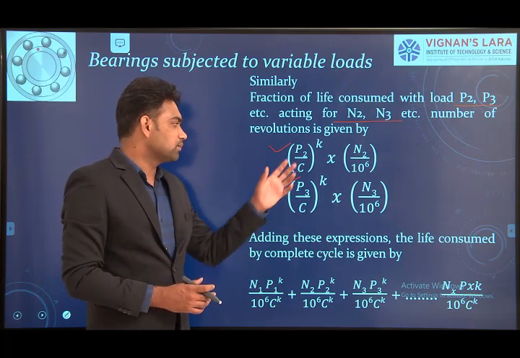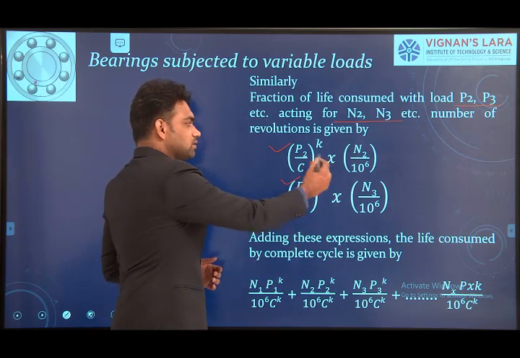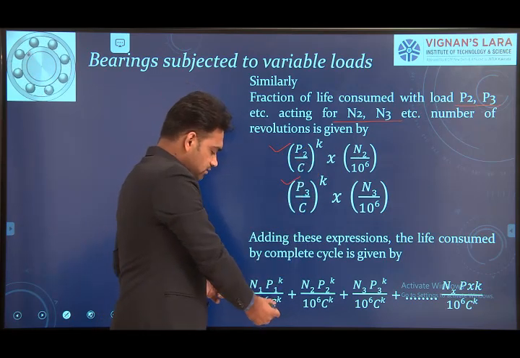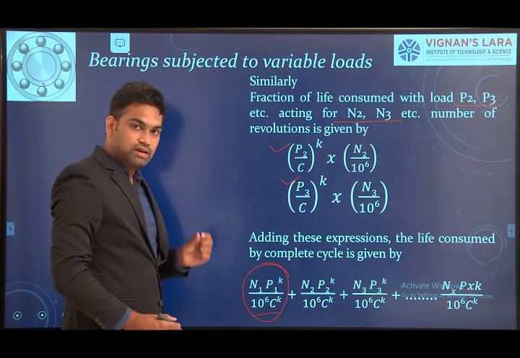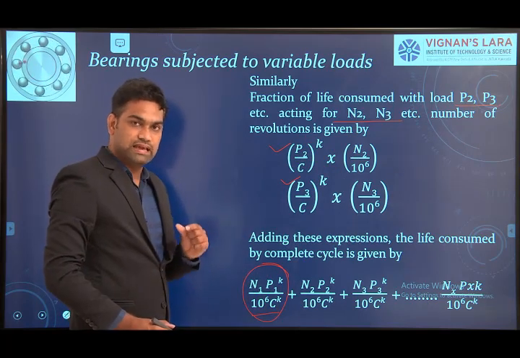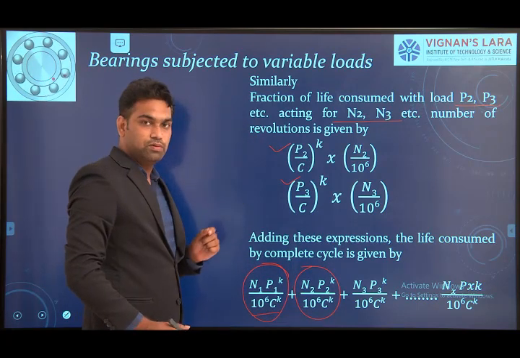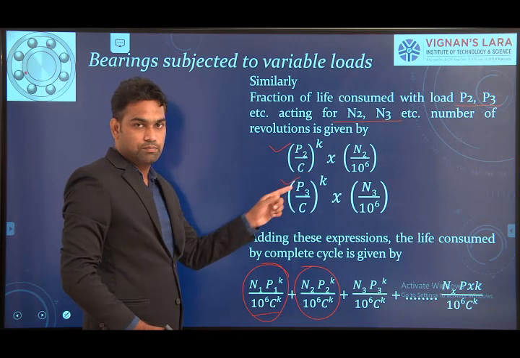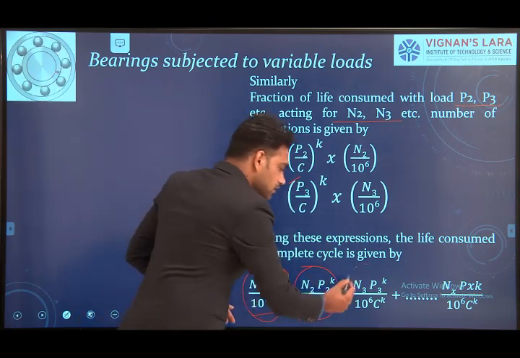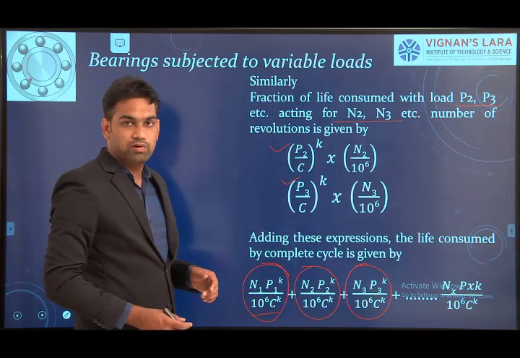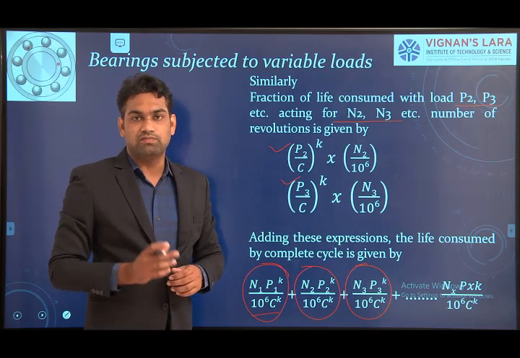So you can sum all these: N1 P1 power k by C power k into 10 power 6 is the fraction of life consumed for the first interval of time, that is N1 speed. Similarly, (P2 by C) whole power k into N2 by 10 power 6 is the fraction of life for the second interval of time, and N3 P3 power k by 10 power 6 C power k is the fraction of life consumed for the third interval of time.